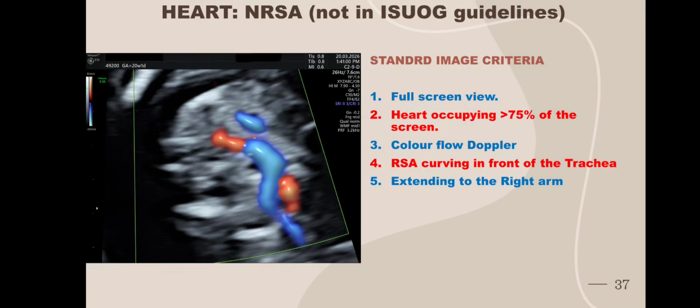If the right subclavian artery curves from the back of the trachea, then it will be ARSA. Here in normal subclavian artery, it curves in front of the trachea. If it curves from the back of the trachea, it will be ARSA, that is aberrant right subclavian artery. ARSA is a soft marker of Down syndrome.